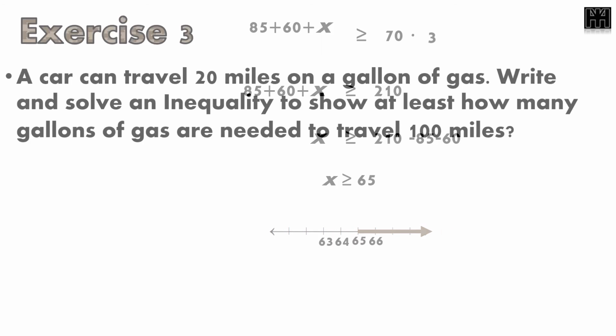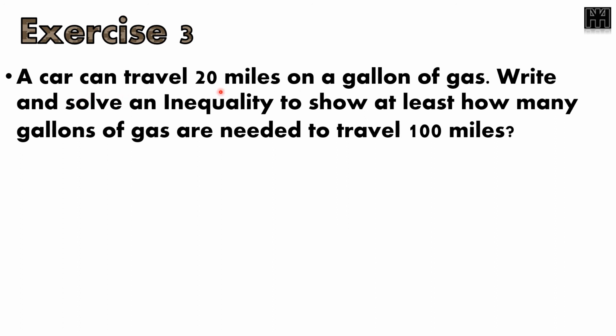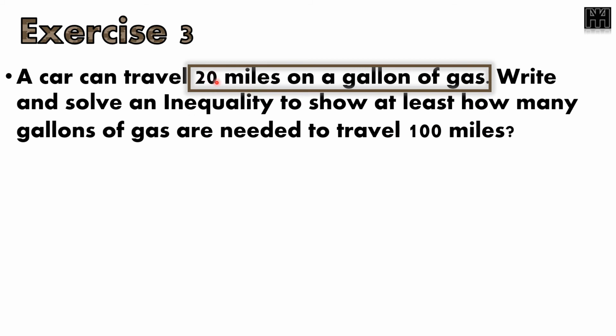Okay. A car can travel 20 miles on a gallon of gas. Write and solve an inequality to show at least how many gallons of gas are needed to travel 100 miles. Okay, we have 20 miles on a gallon of gas. I need to know how many gallons are needed for 100 miles. Okay, we have 20 per 1 gallon times x, bigger than or equal to 100.